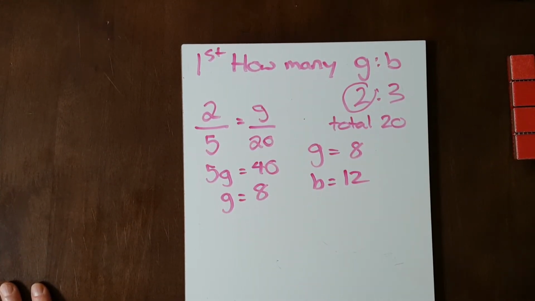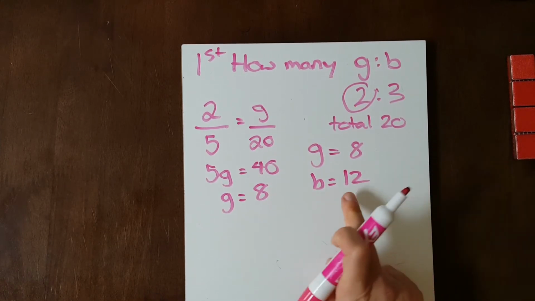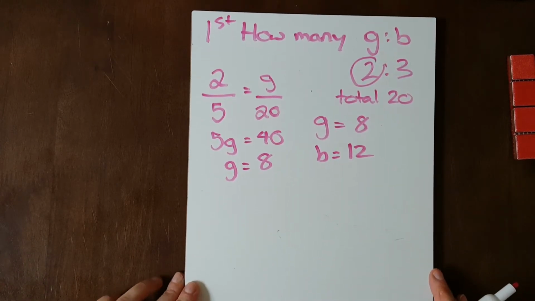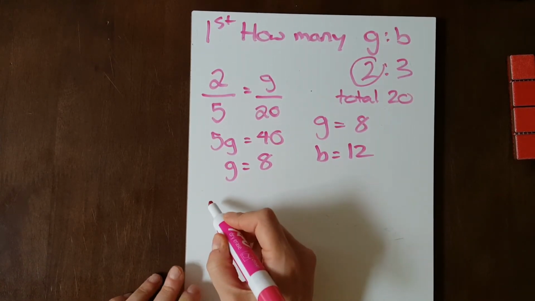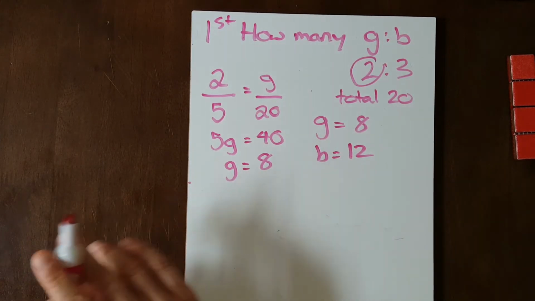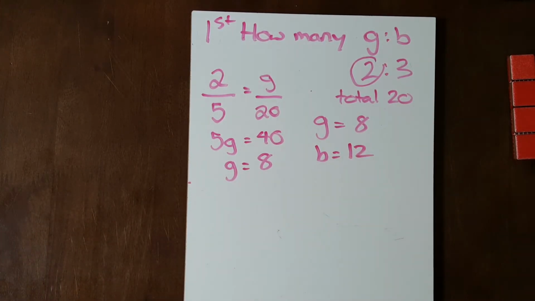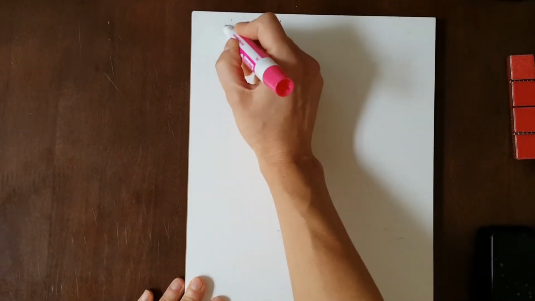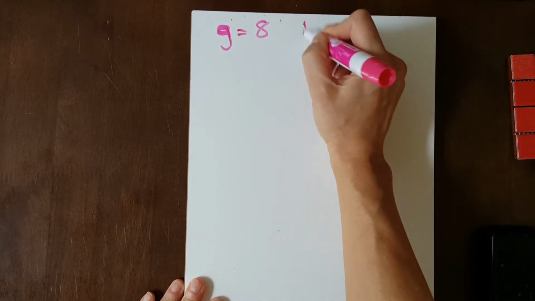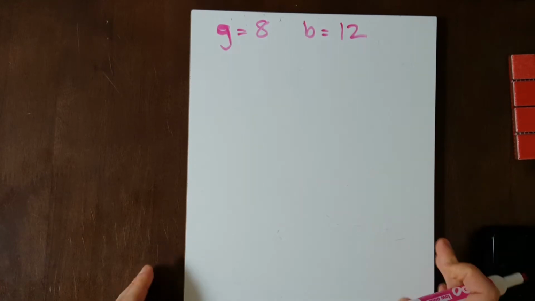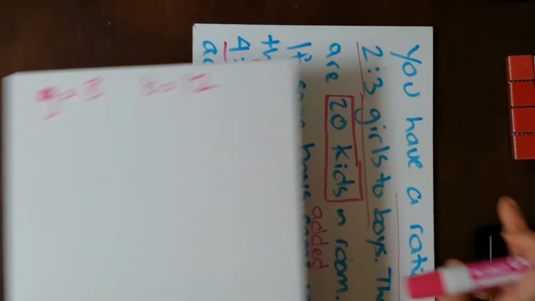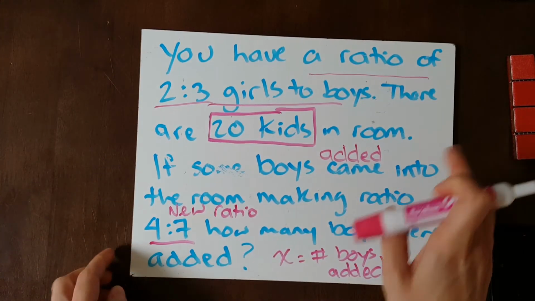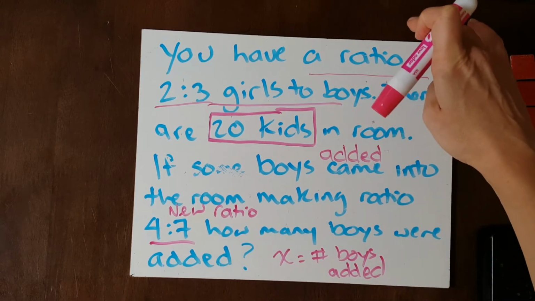Now we have 8 girls and 12 boys, and our new ratio is now 4 to 7. Let's erase this. I'm going to put up here that we have our old girls are 8 and boys are 12. If we know that, we also now want to know how many were added. Looking back, our new ratio is now 4 to 7.